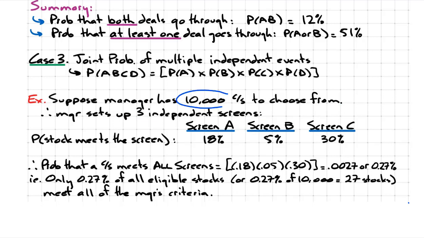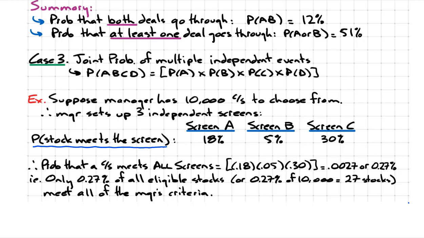So how do we create a short list out of 10,000 stocks? We create some screens, like what are you looking for, right? Like high PE stocks, low PE stocks, or sales growth, or whatever, right? So here are the 3 screens. Now, the probability that the stock will meet one of these screens is as follows.